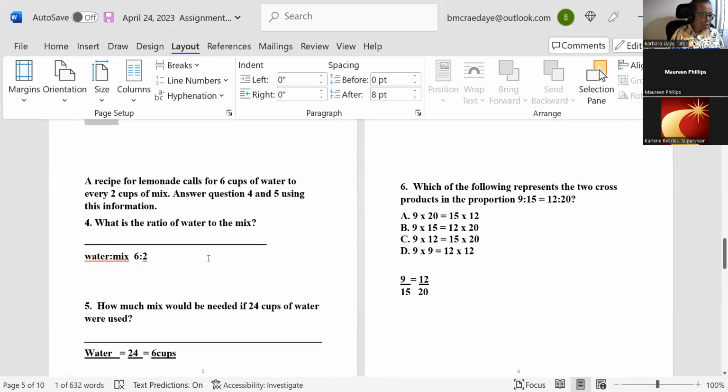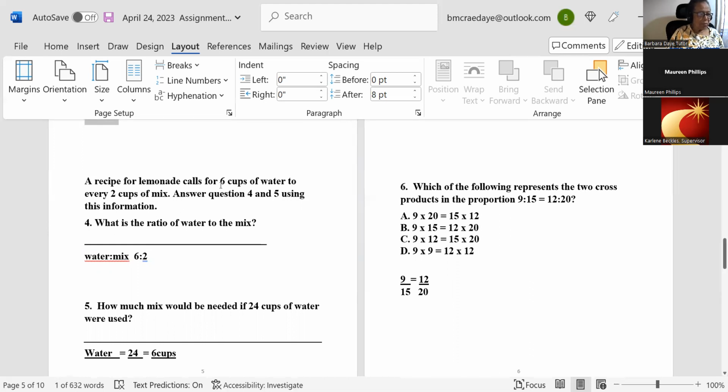Read number 4, Maureen. Can you see it? Does it need to be bigger? A recipe for lemonade calls for 6 cups of water to every 2 cups of mix. You can answer questions 4 and 5 using this information. What is the ratio of water to mix? Yeah, 6 to 2.